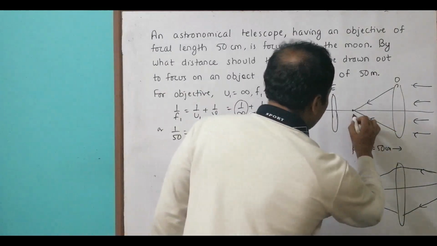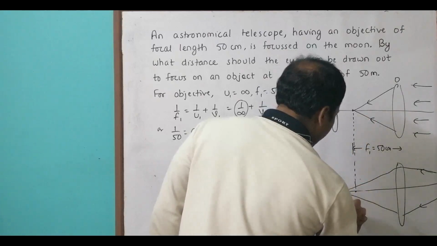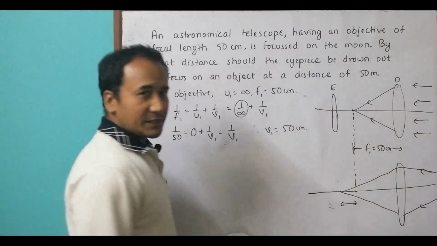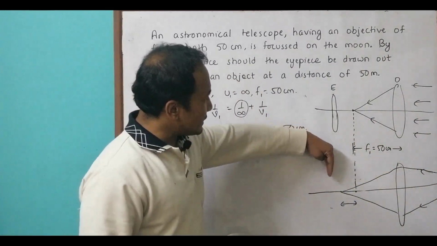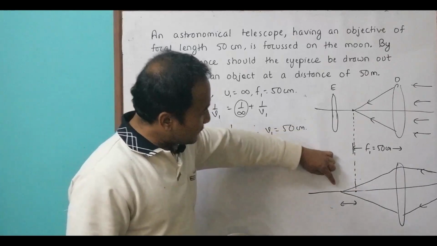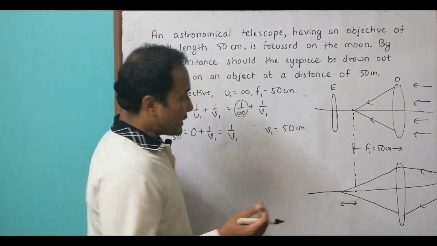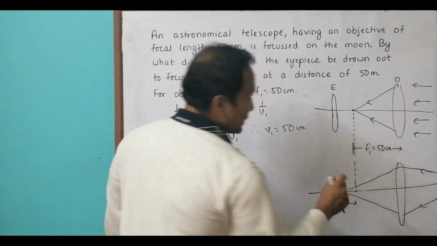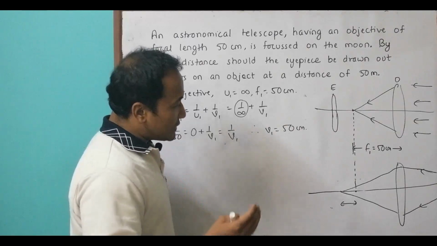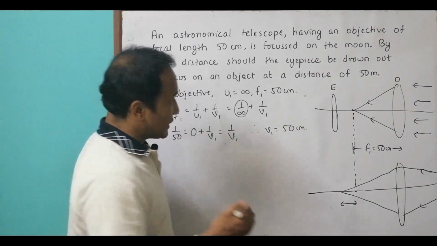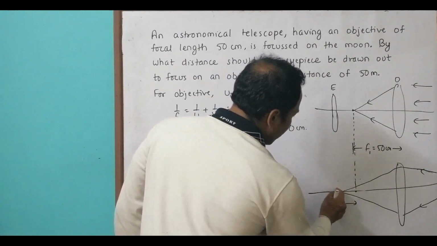Let me draw a timeline-like thing here. This is the shift in the image distance, and because of this I need to draw this lens back. I have to draw the lens back by the same distance by which the first image has shifted. So if the image shifts by this distance, the lens also has to shift by this distance.